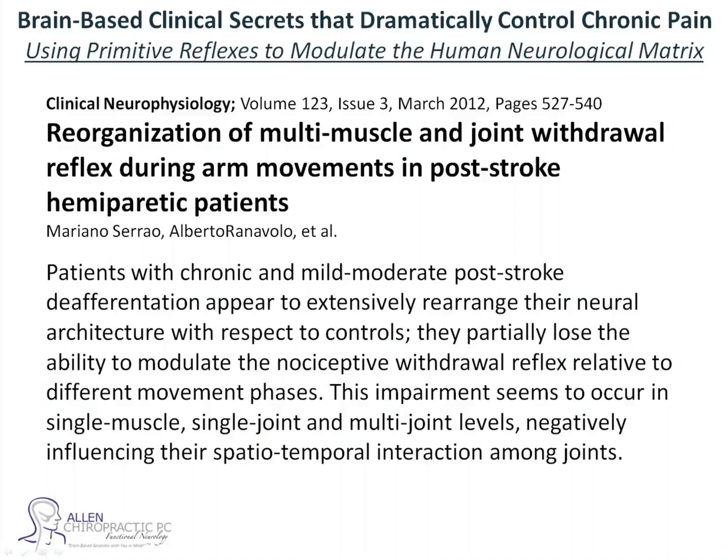This impairment seems to occur in single muscles, in single joint, and in multiple joint levels, negatively influencing their spatial and temporal interaction to the joints. It negatively influences the way that the spatial and temporal summation influence the nerve tissue, and it may cause facilitation when there should be inhibition, and it may cause inhibition when there should be facilitation.